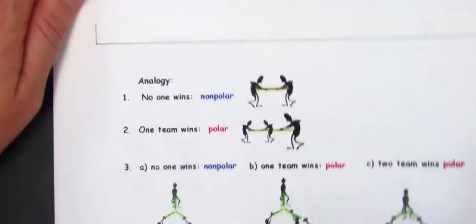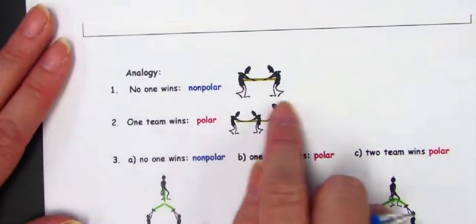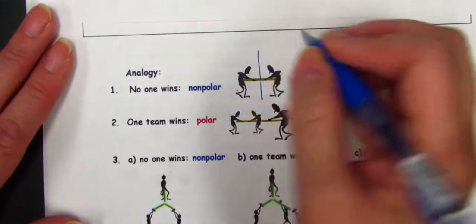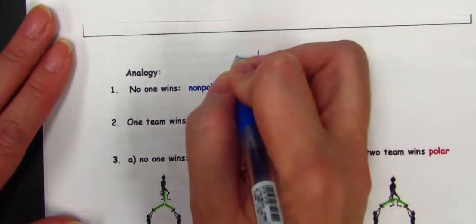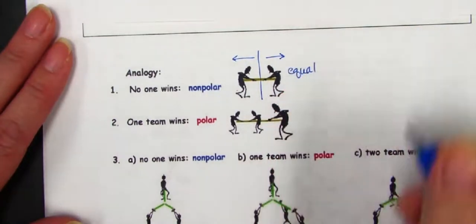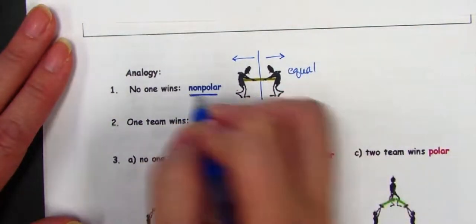So in our analogy, here we are playing tug of war, and both sides are pulling equally. And if they're pulling equally, that means it's going to be nonpolar.